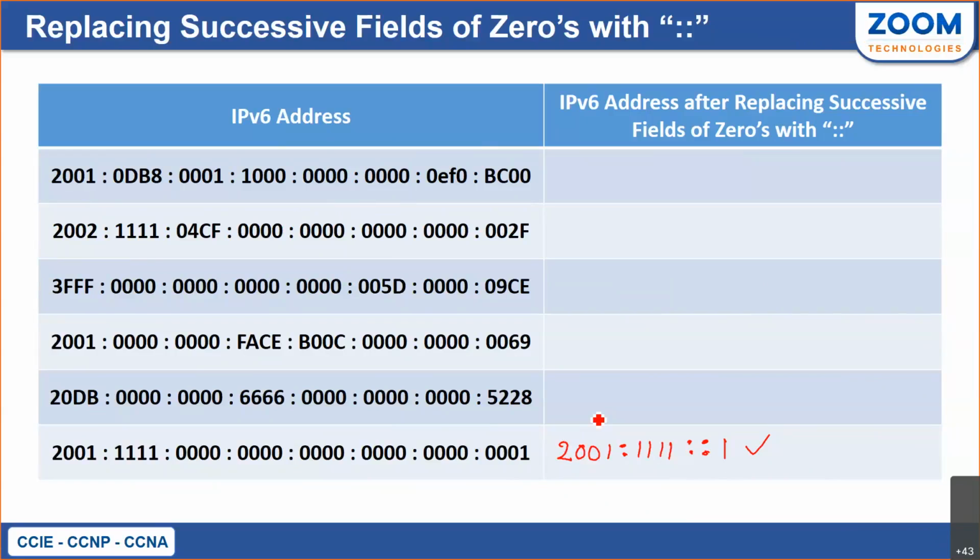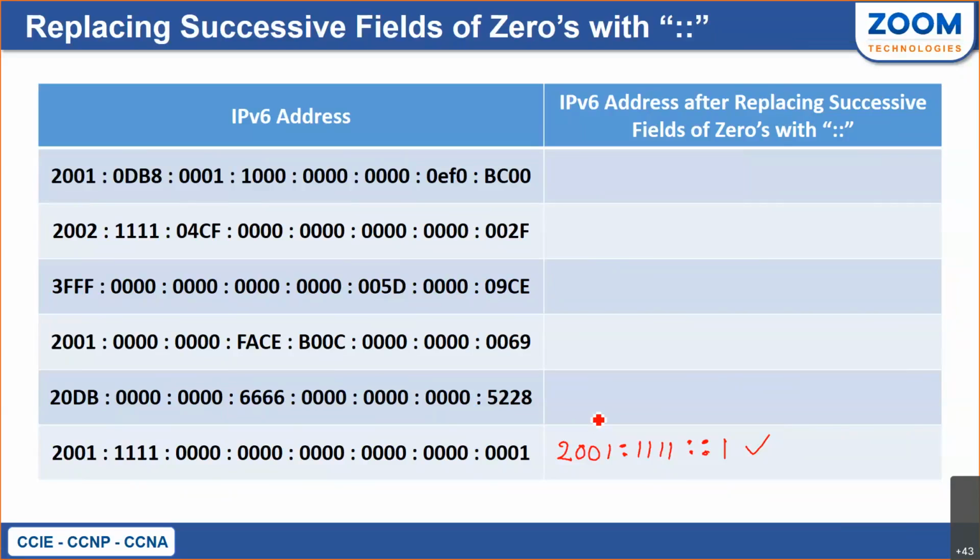Yes, please, Vishnu. Go ahead. So this 2001, it's a complete 32-bit one, right? If you see this octet, four octets in the first one, so we have eight quartets. So 2001, how do we represent this in binary?